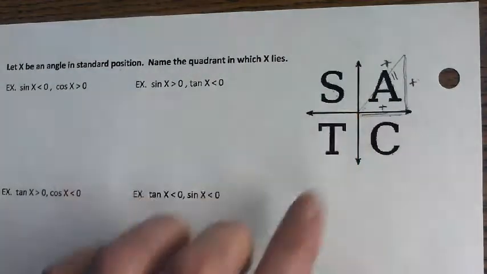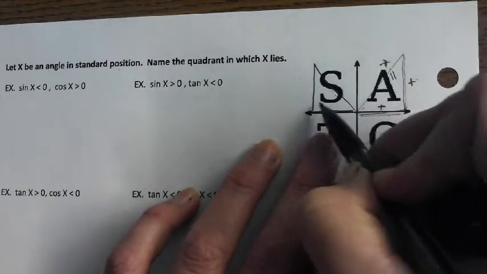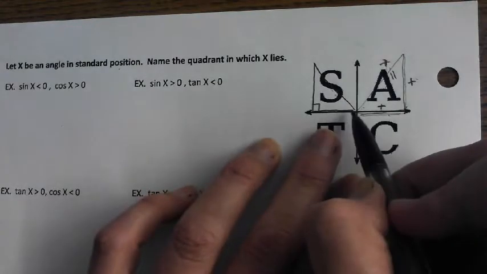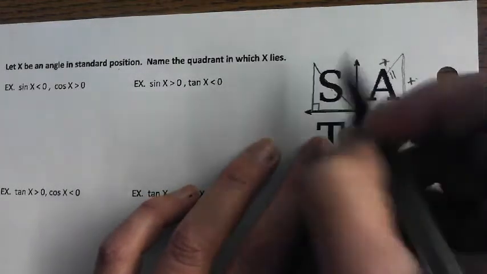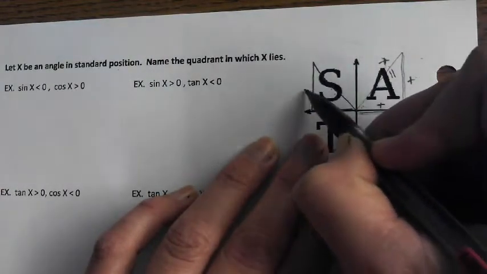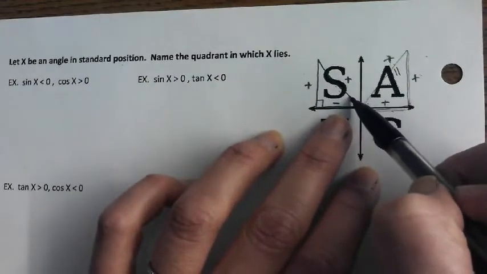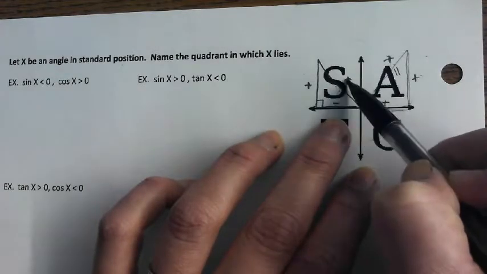Okay? If you go to the second quadrant, though, only sine is positive. And here's why. If you go left, is this positive or negative? Negative. If you go up, is this positive or negative? Positive. And this is always positive because it's hypotenuse. So the cosine, which is adjacent over hypotenuse, would be a negative over a positive.